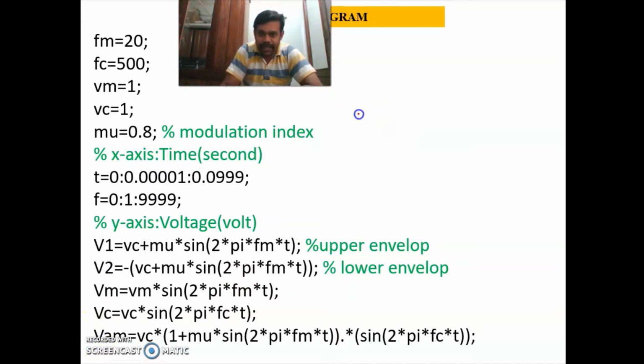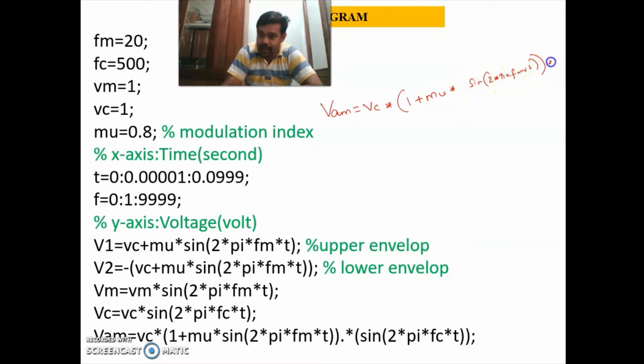Please listen. VAM, the amplitude modulated signal, is equal to VC, the amplitude of the carrier, into the bracket 1 plus modulation index into sine 2 pi fm into t, close the bracket.